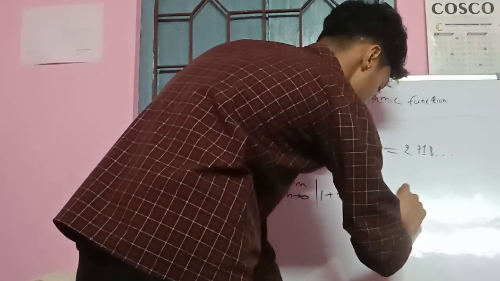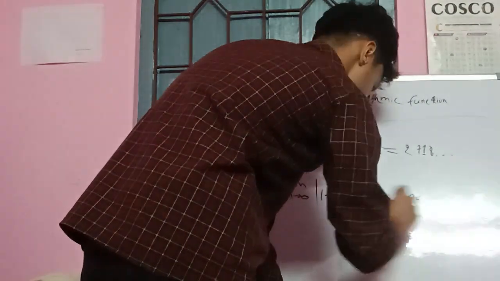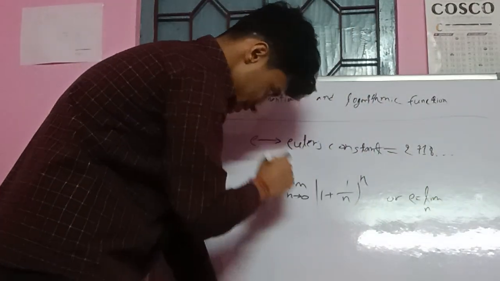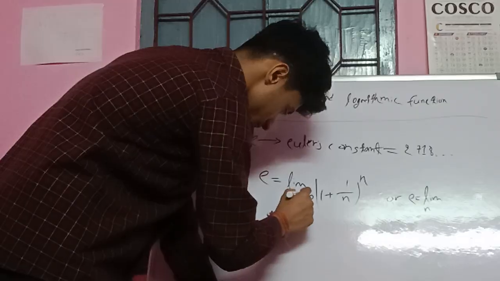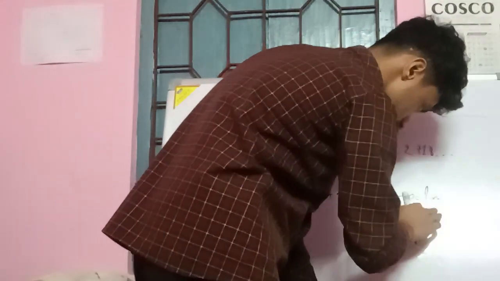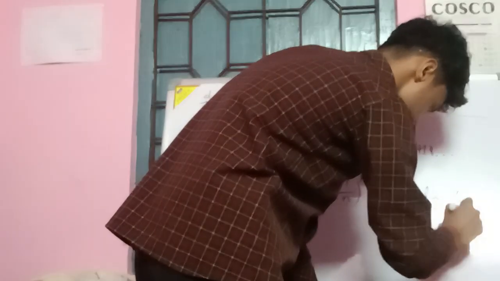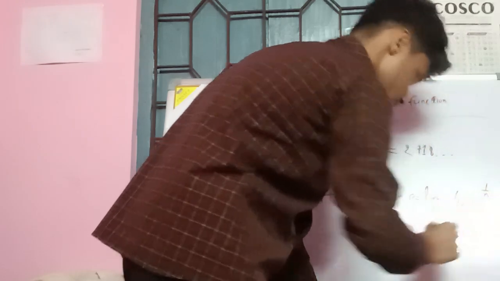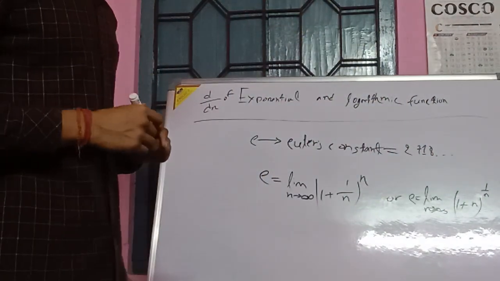Or this is another form: e equals the limit as n approaches zero of 1 plus n whole to the power 1 over n.